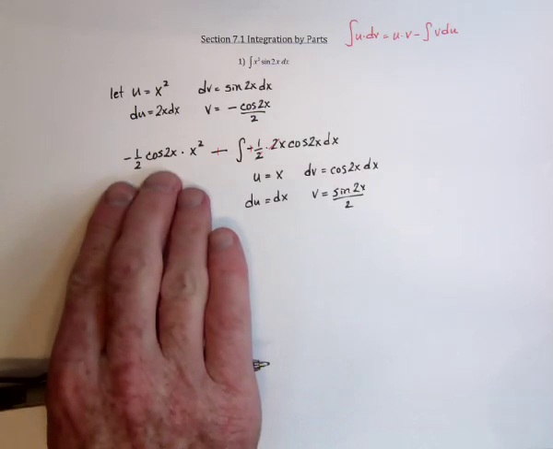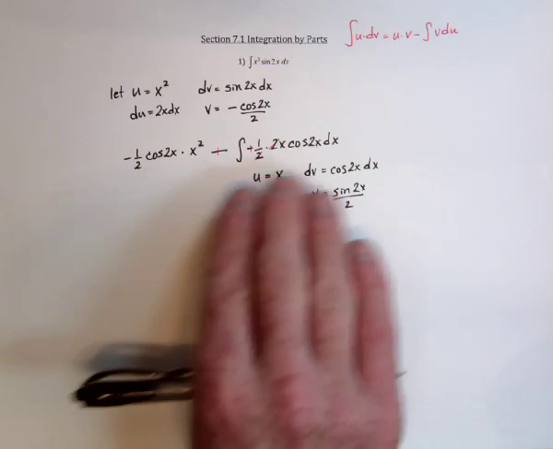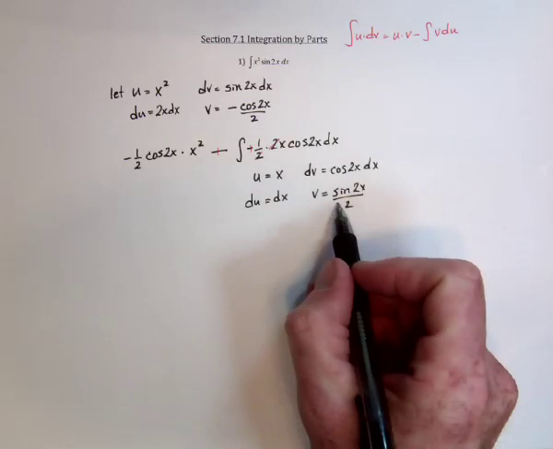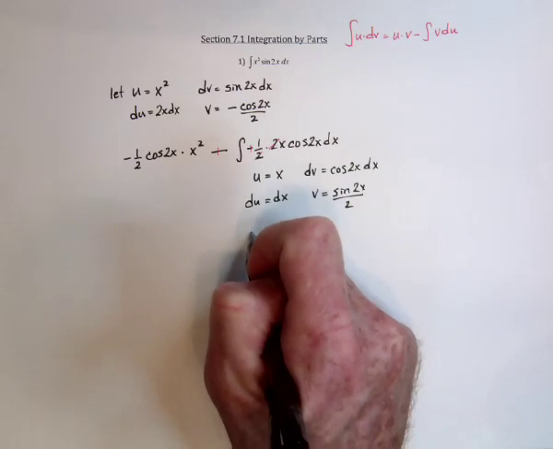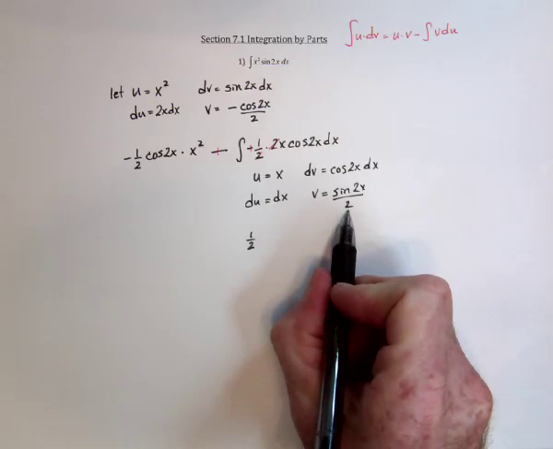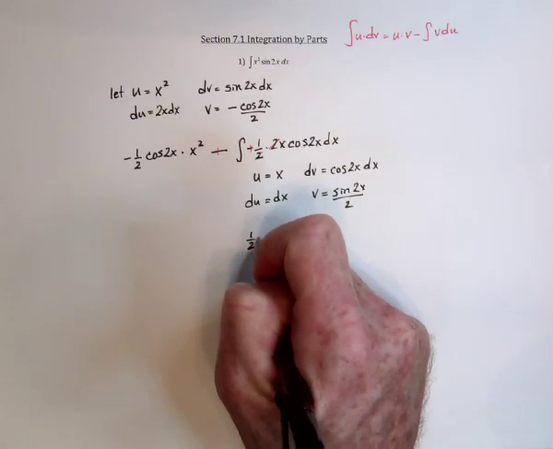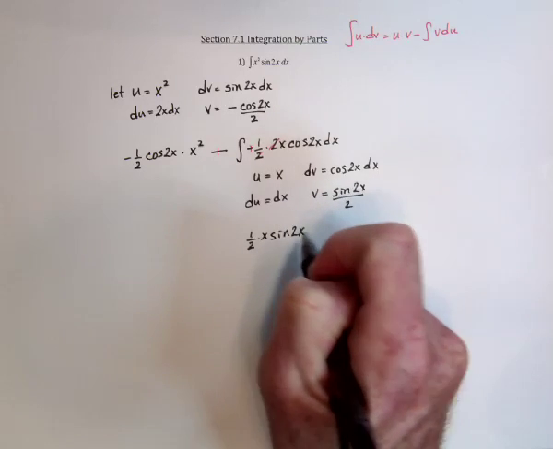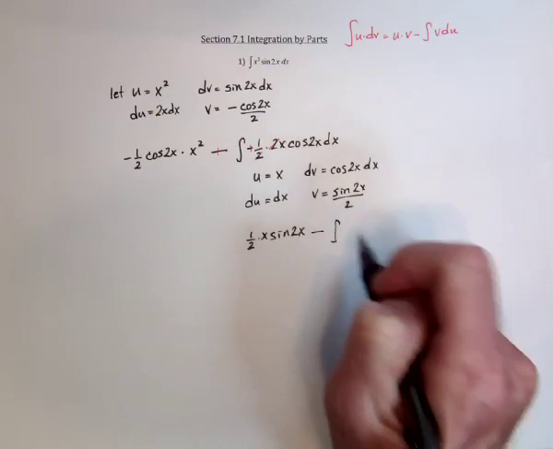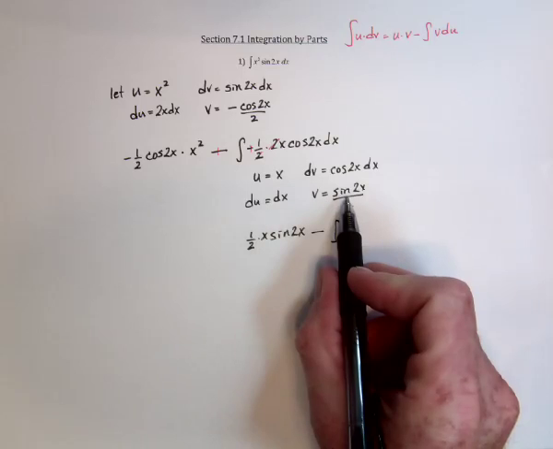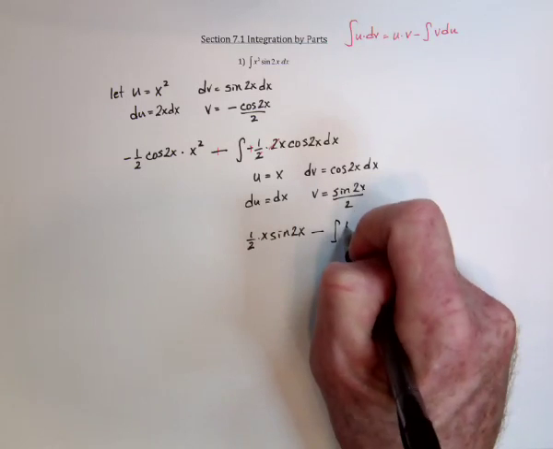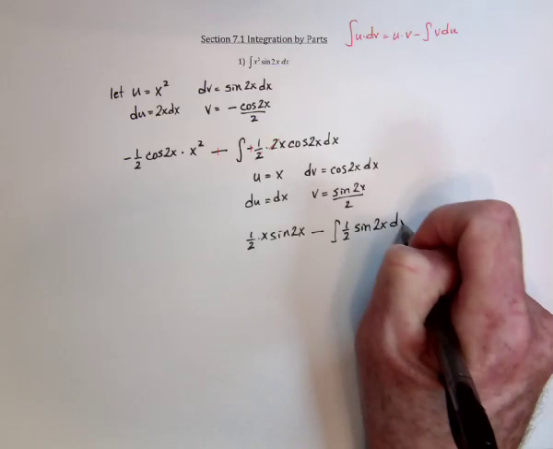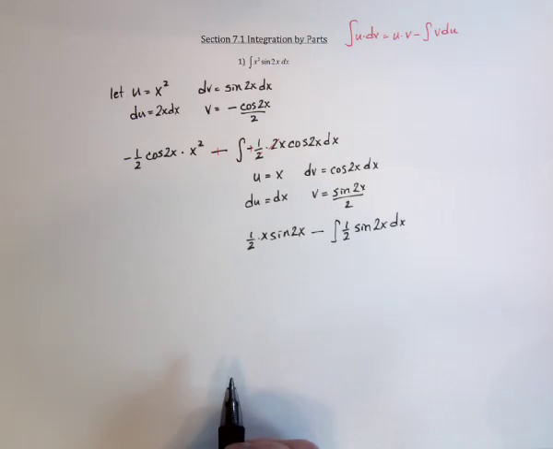So this part, I'll just leave there for the moment while I finish up this integration. So it's going to be the u times the v, so that's going to be a 1/2 from this, x times sine of 2x minus the integral of du times v would be a 1/2 sine of 2x times the dx.